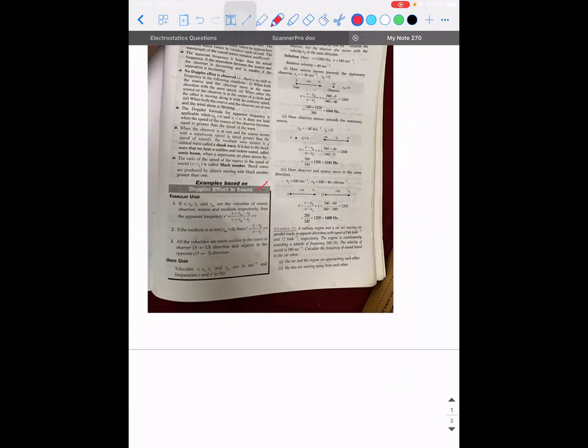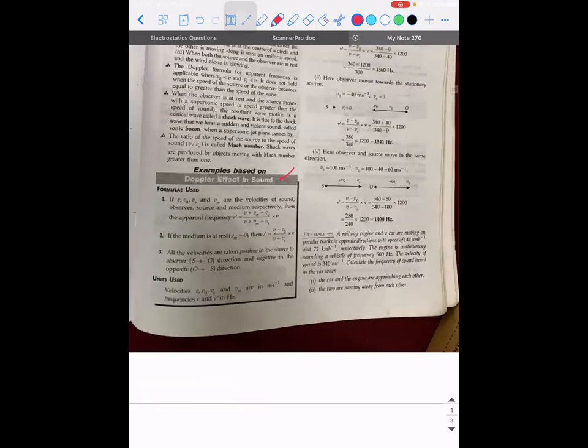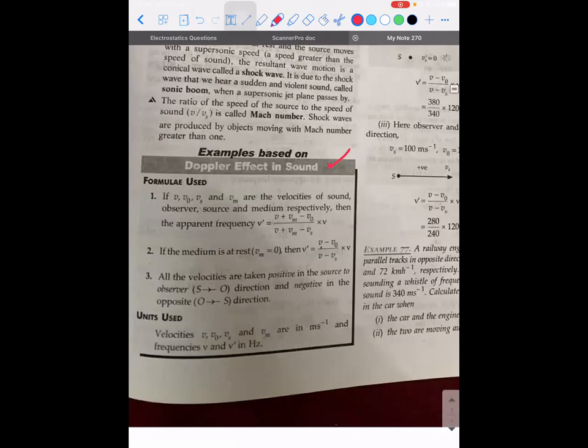What does the Doppler effect mean, specifically with respect to sound?